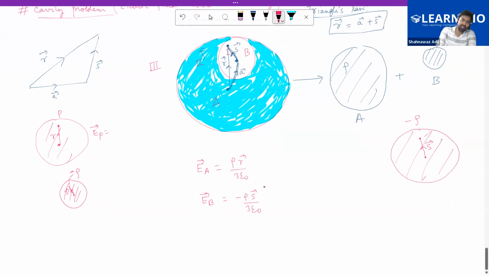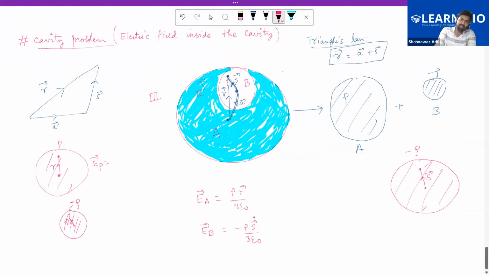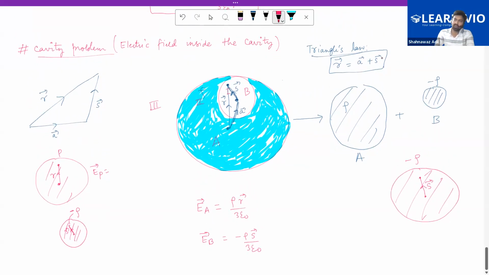So we have two contributions. If I want to write this, this is minus S vector. If I calculate from here the S vector, that would be R minus A, so minus S vector would be A minus R. Is it clear, guys?